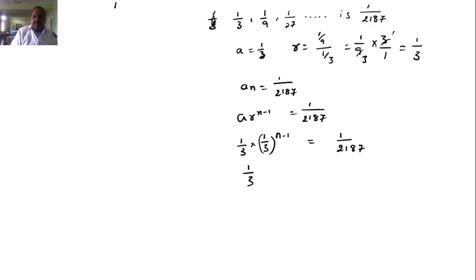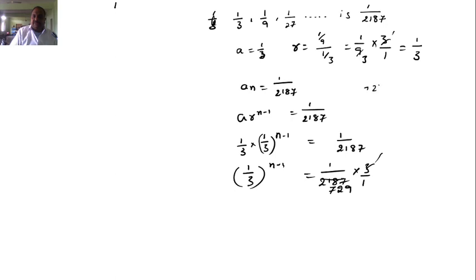Transposing the 1 by 3, it becomes 3 by 1, so 1 by 3 whole to the power of n minus 1 is equal to 1 by 2187 into 3 by 1. Since 3 is dividing, it will multiply.